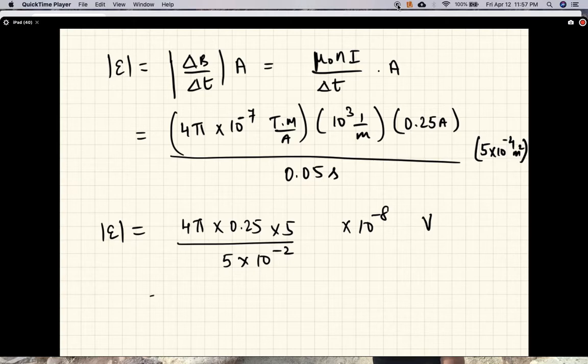So this actually makes that 10 to the minus 6, but okay, I'll take care of that. So 10 to the minus 6 volts, so microvolts.